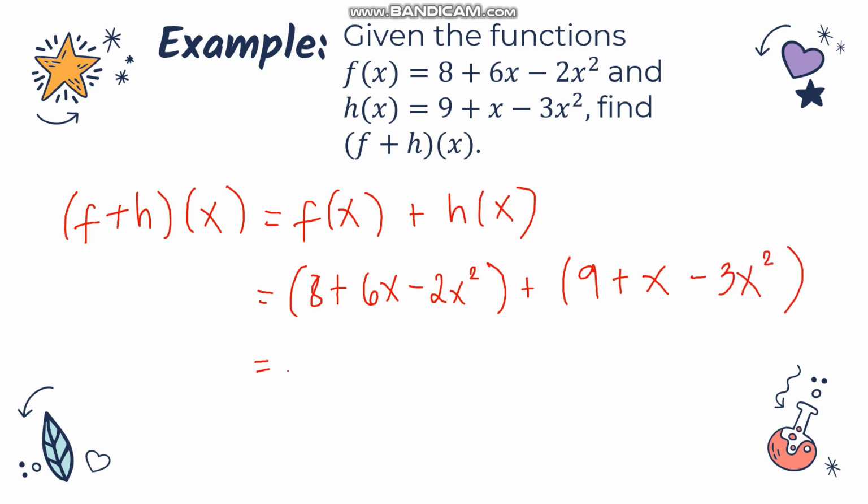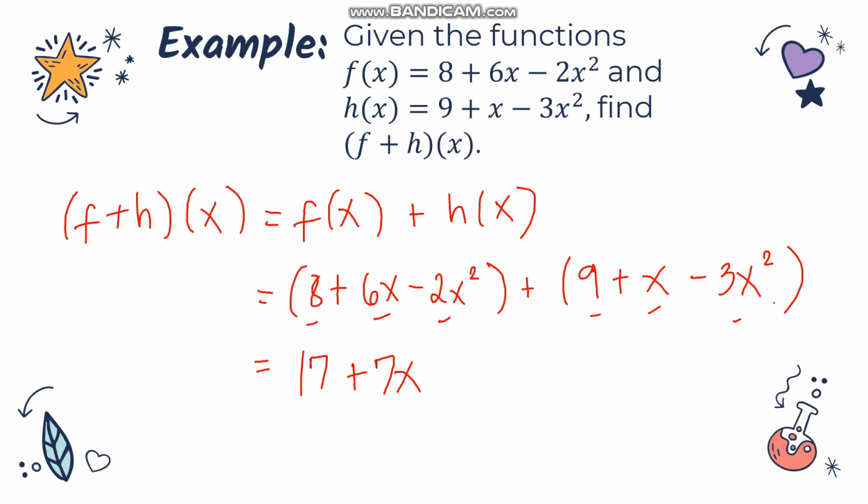Again, next thing that we have to do is to add similar terms. So we can see that 8 and 9 are both constants, so we can add them. So 8 plus 9, that will give us 17. Next is we have 6x and x. So positive 6x plus x, that will give us 7x. And lastly, we can add negative 2x squared and negative 3x squared.